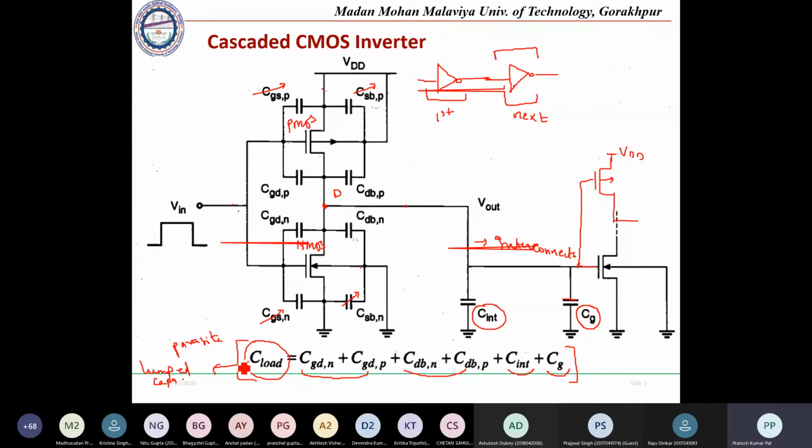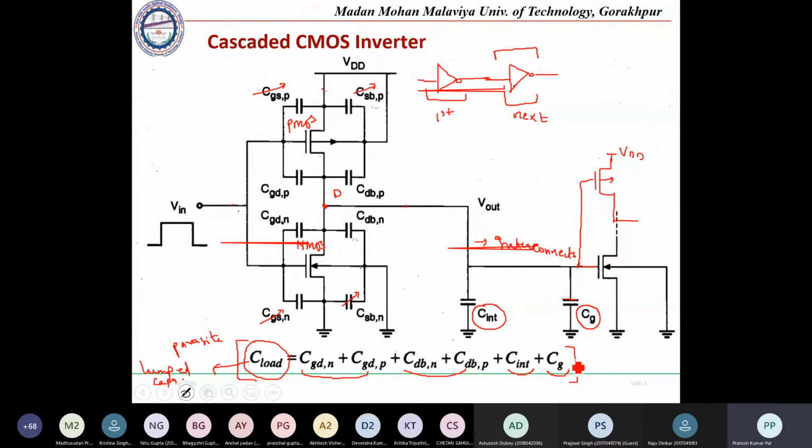So this C load is a lumped capacitance that combines the oxide capacitance of these two transistors, the junction capacitances, the interconnect capacitance, and the parasitic capacitance generated by the next stage connected to our present circuit.